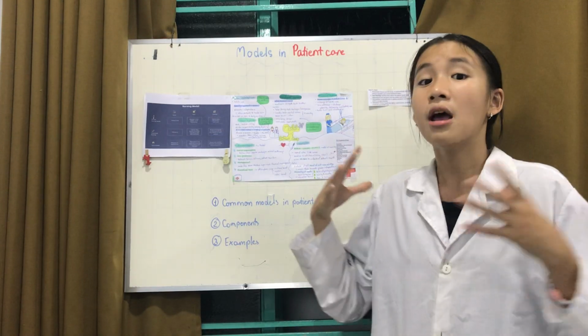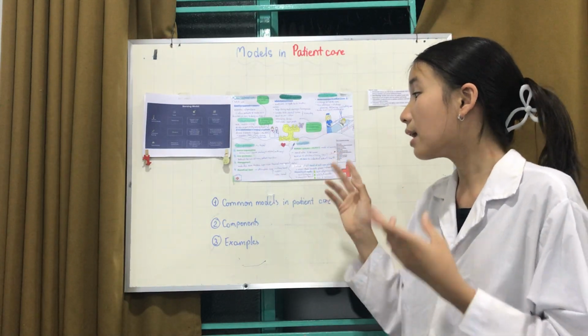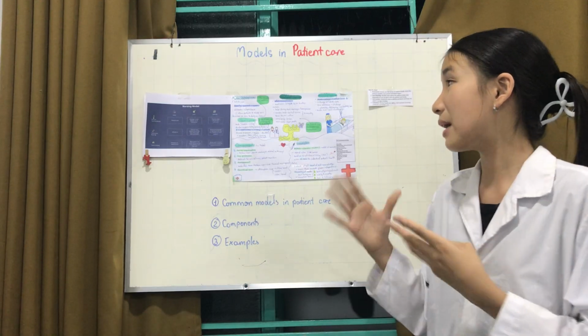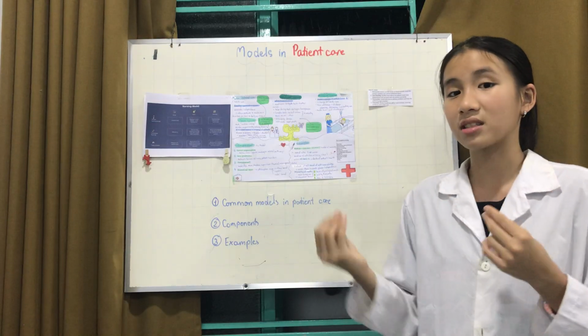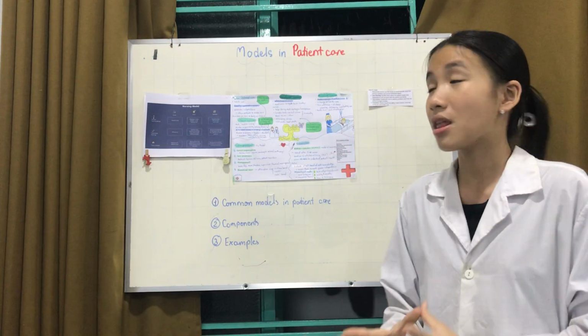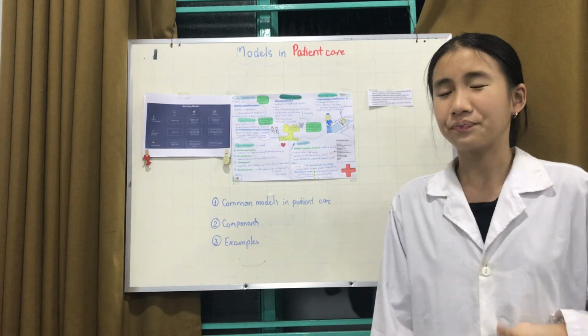There are other models that are based on holistic care, evidence-based care, and also value-based care. So those are some of the theoretical bases, some of the philosophies that the models in patient care are based on. So those are the components of the models in patient care.